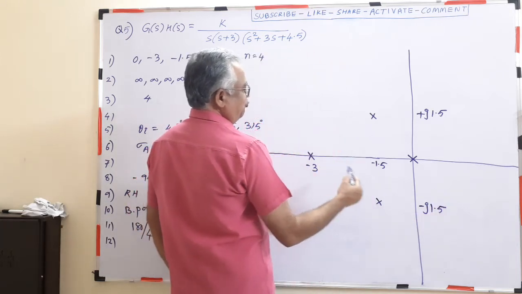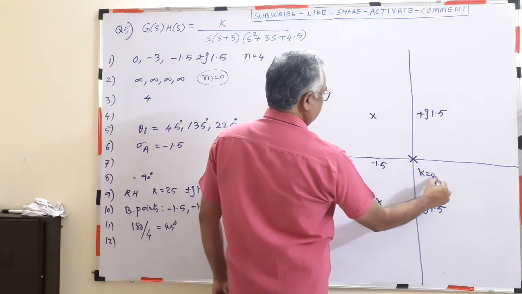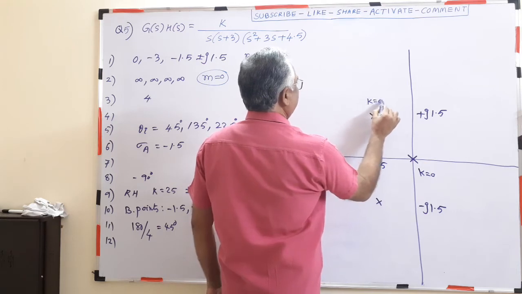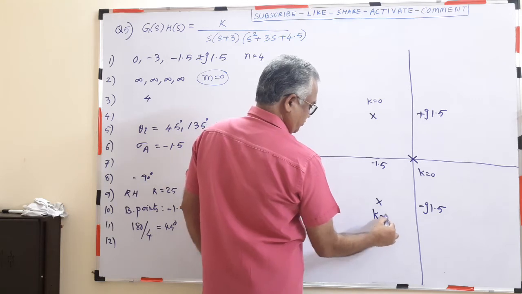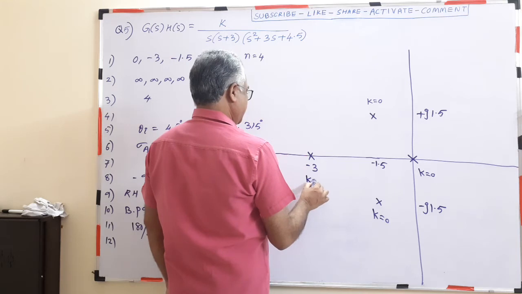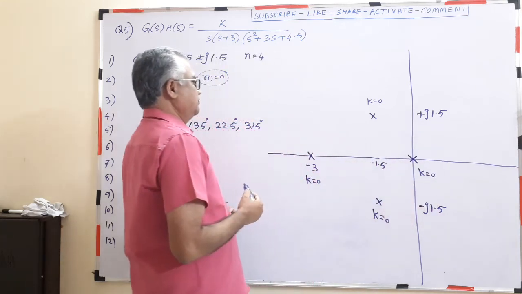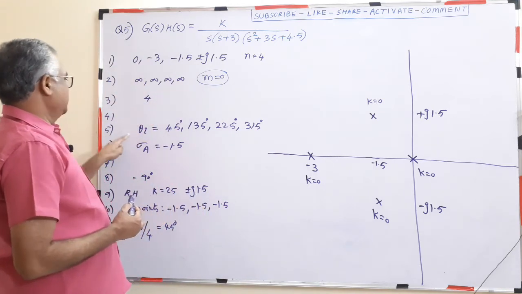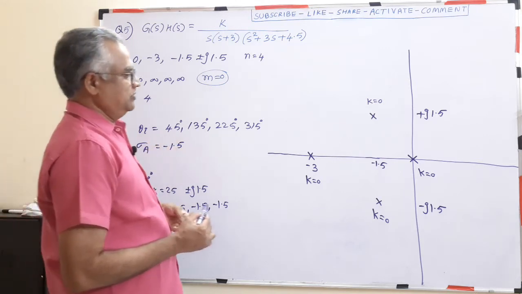So these are the 4 poles, and here K equal to 0. K equal to 0, this pole is here. K equal to 0, this is here. K equal to 0, this is here. So K equal to 0 points are poles. And we don't have any zeros. Then all these angles we have to mark at minus 1.5.